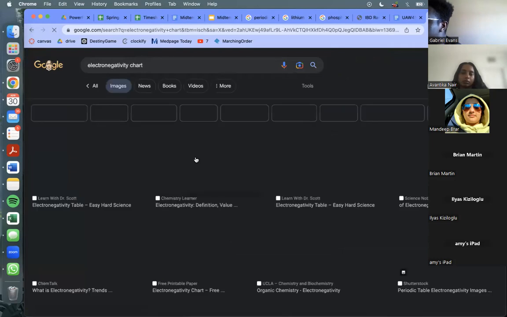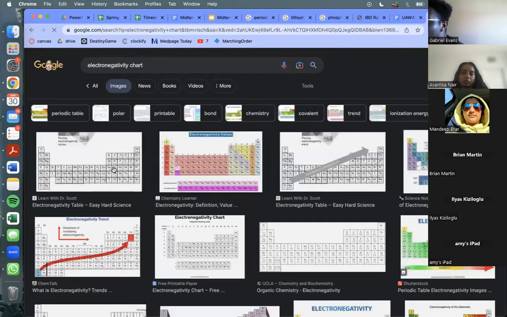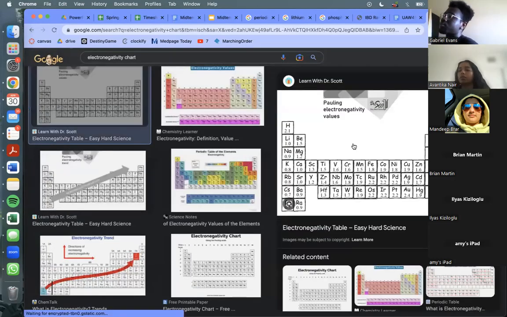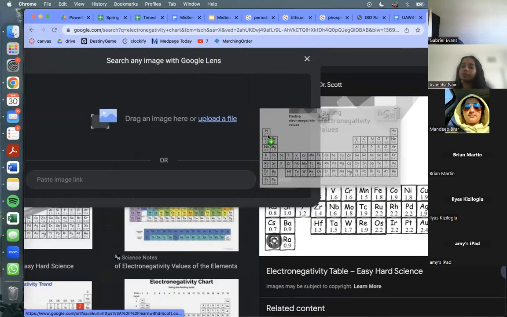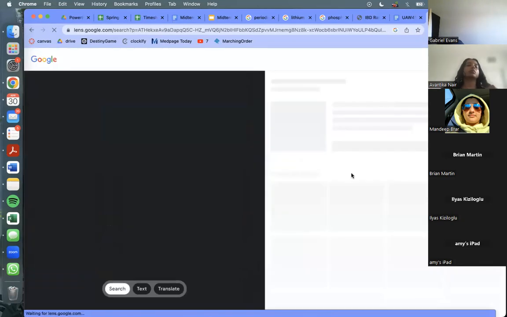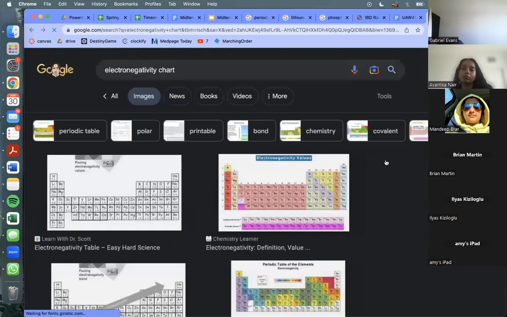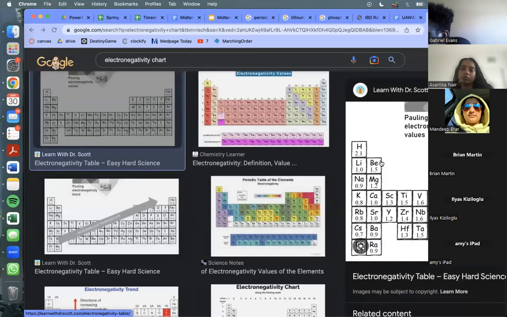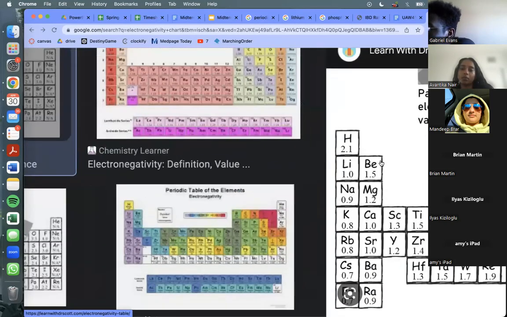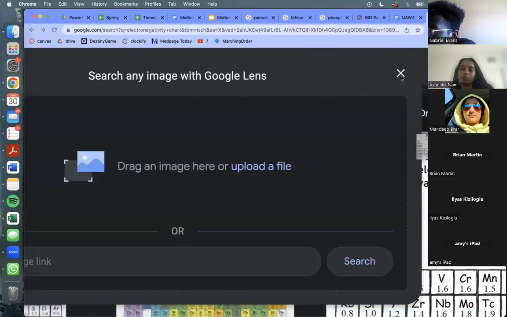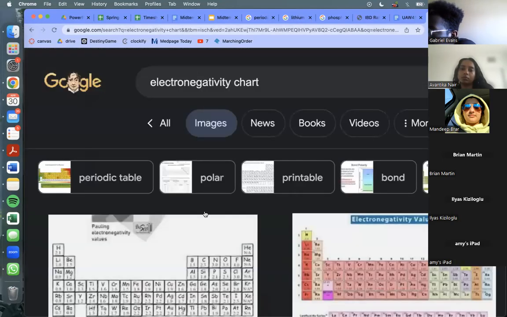You'll be given an electronegativity chart, but they look essentially like this, the same thing as the periodic table, except you have electronegativity values for the elements. For example, the problem that we're dealing with, let's say it's CH4.